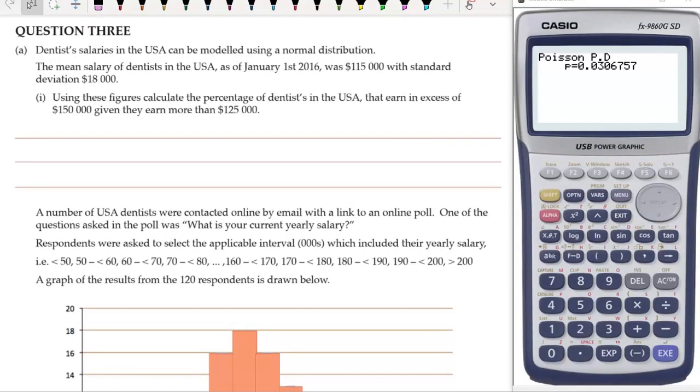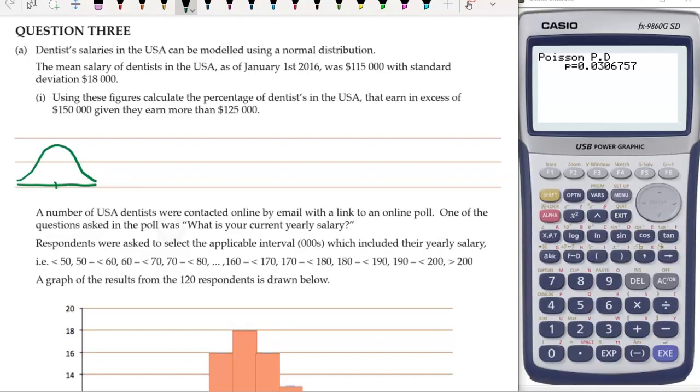For question 3, we've got a normal distribution that looks a bit like this, where the mean is 115,000, and the standard deviation is 18,000. We want to work out the probability that the dentist's earning is more than 150,000, given that it is already more than 125,000.